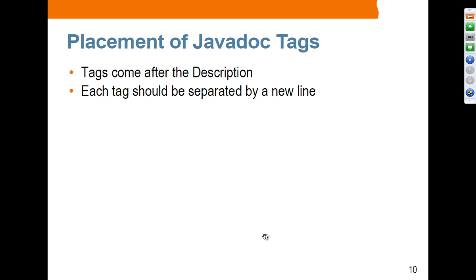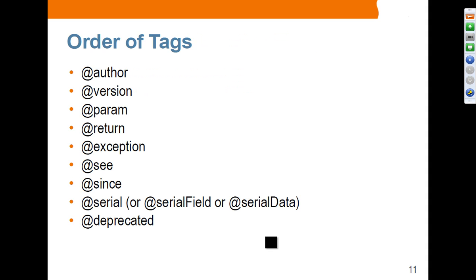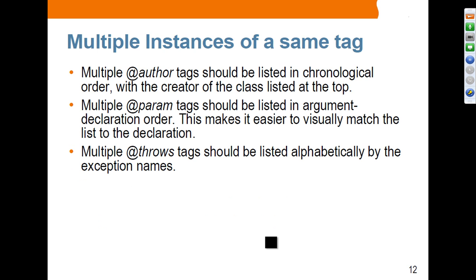So, placement of Javadoc tags. Tags come after the description, and each tag should be separated by a new line. These are the order of the tags that you should follow: author, version, param, return, exception, see, since, serial, and deprecated. You can have multiple instances of the same tag.